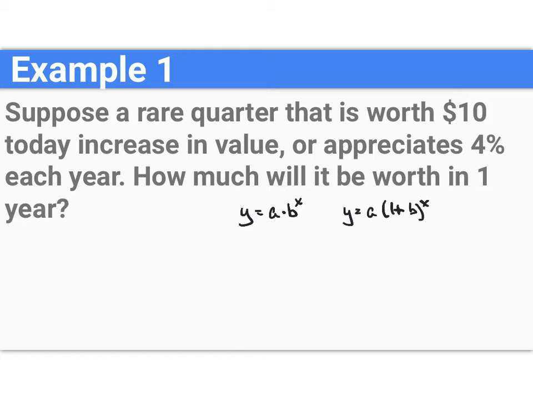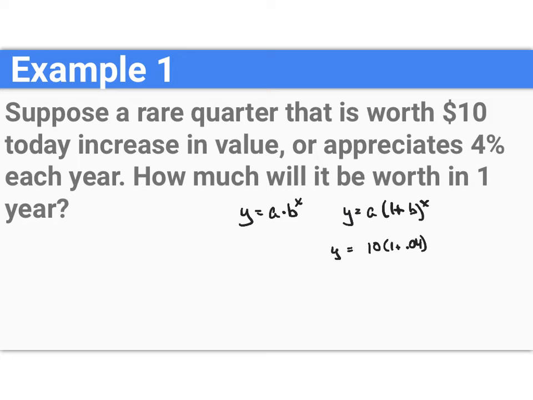Okay, so if we take our a as 10, because that was the first number given, $10, and then we do 1 plus 0.04, because the value is going up. 1 would be 100%, and then 4% is 0.04. We can't just multiply by 0.04.